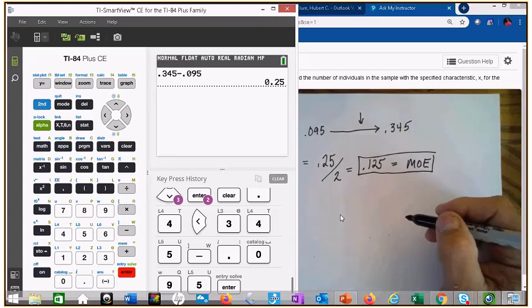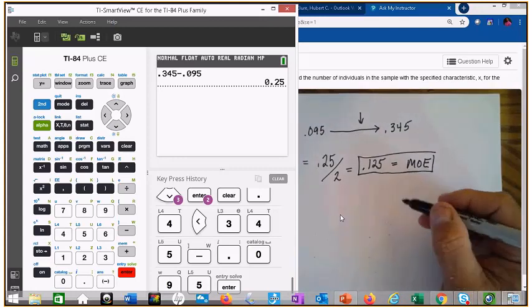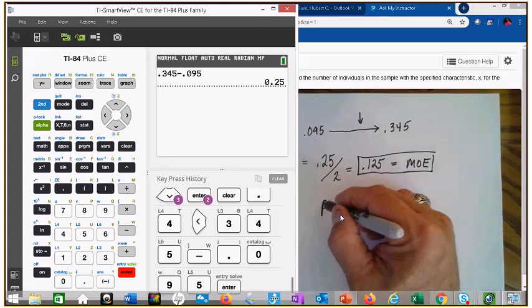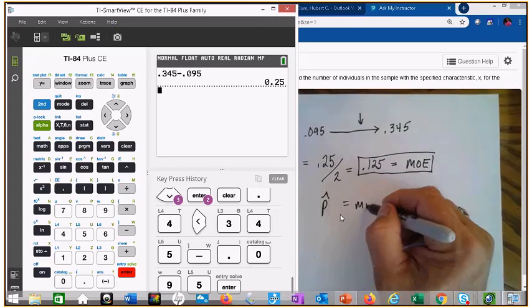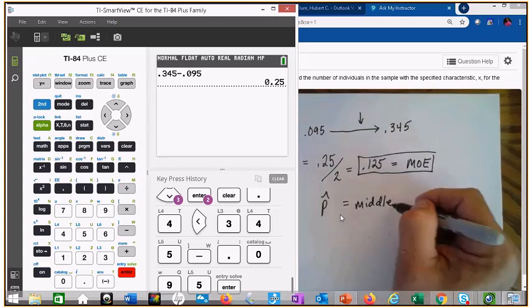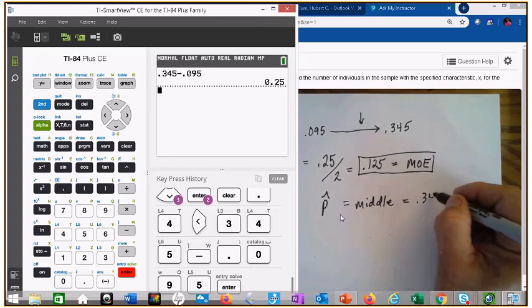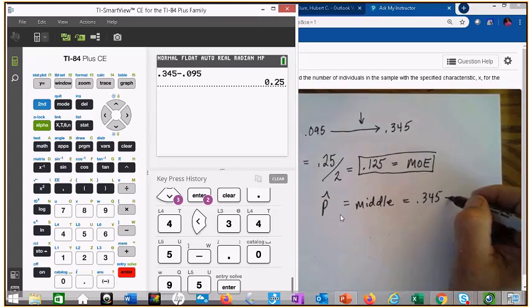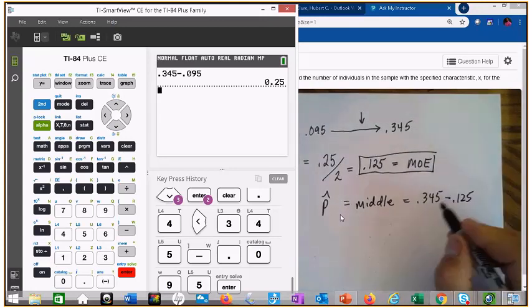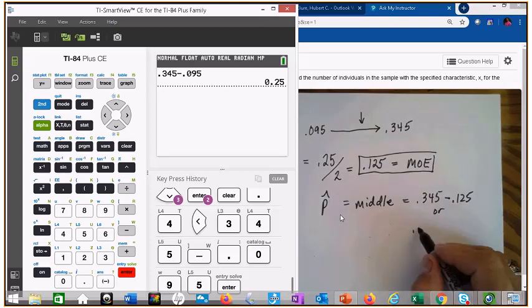Now we just got to find the middle, which is p hat, which is equal to the middle, by saying 0.345 minus 0.125, or 0.095 plus 0.125.